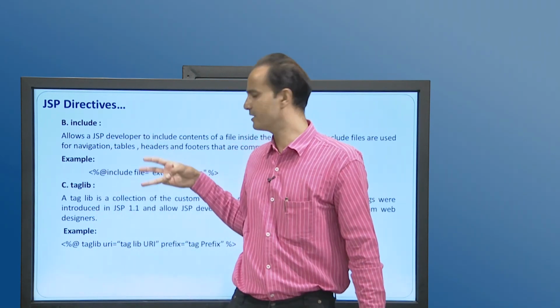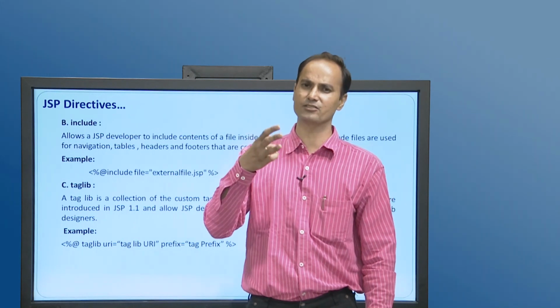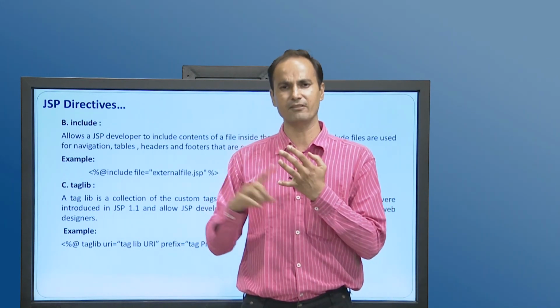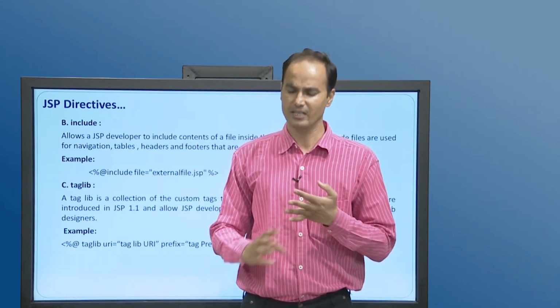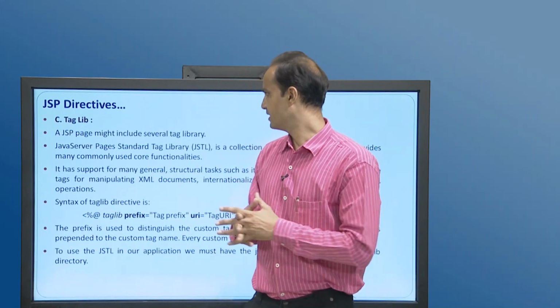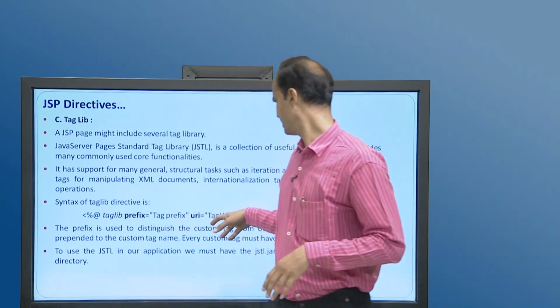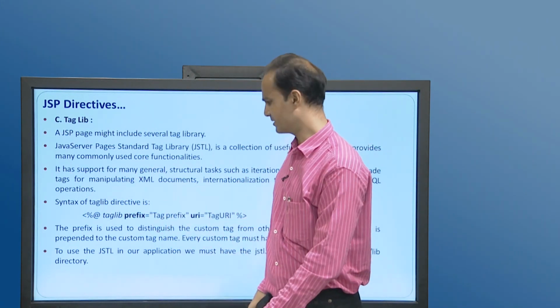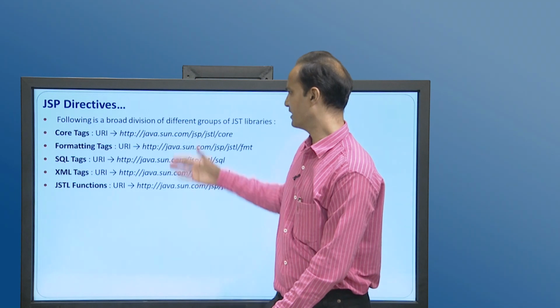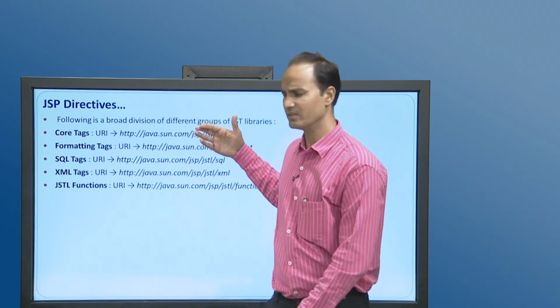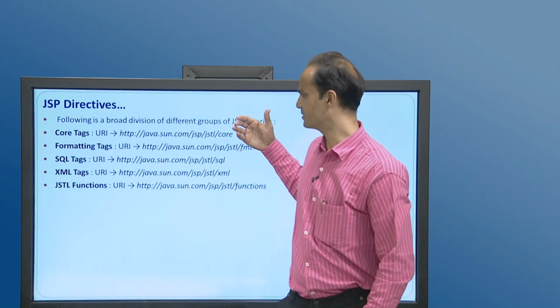So, these three were the directives of the JSP file: page directive, include directive and taglib directive. These are examples of built-in tag libraries available.